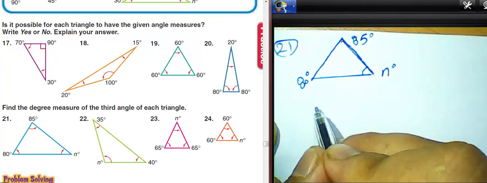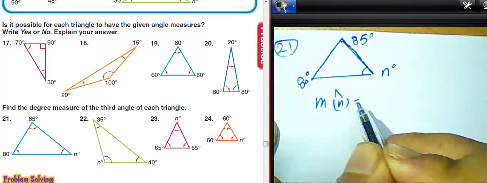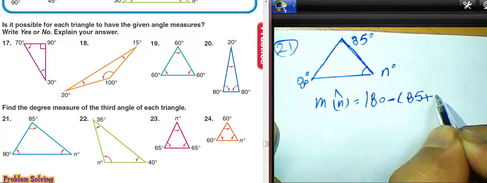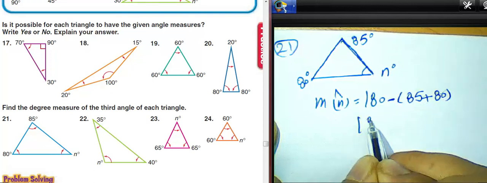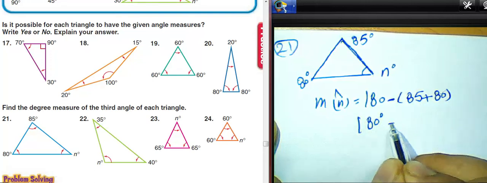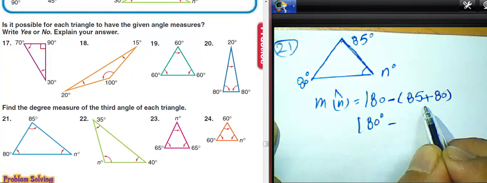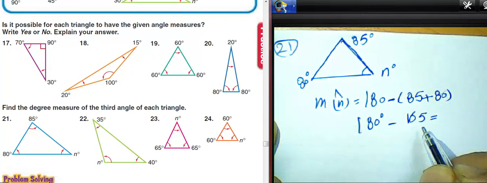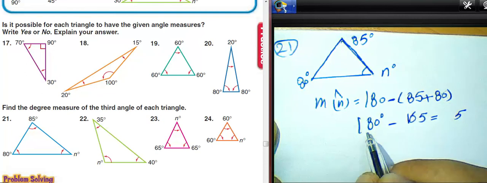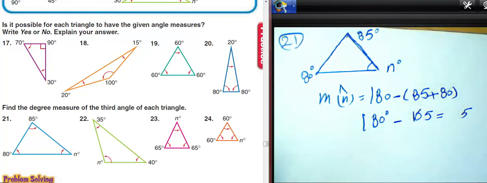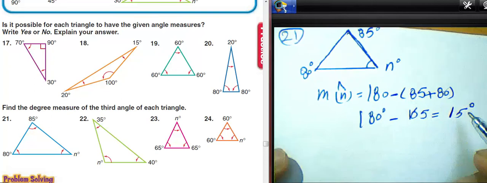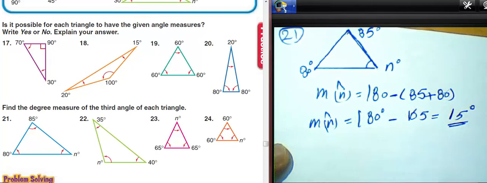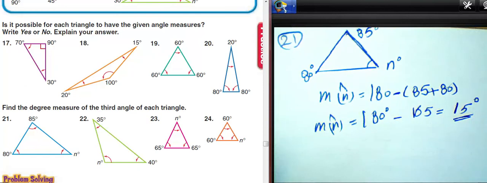So the measure of angle n will be 180 minus the sum of 85 and 80. Subtracting, the result will be 15. Then the measure of angle n will be 15 degrees. It was question 21.